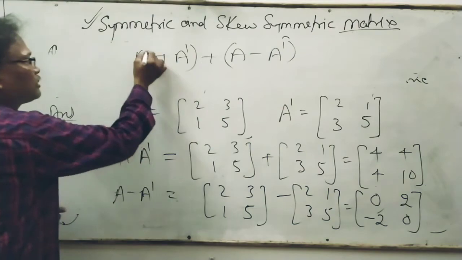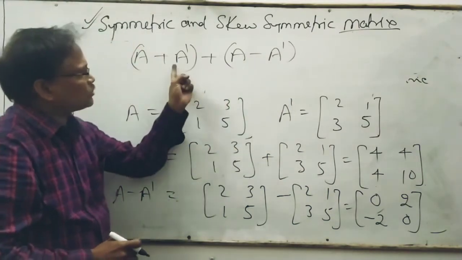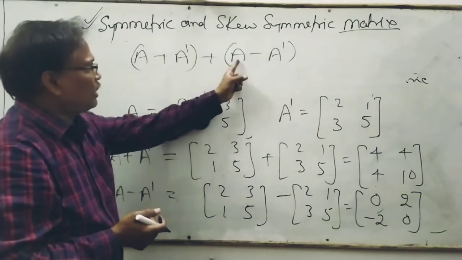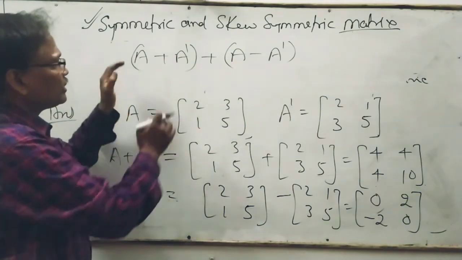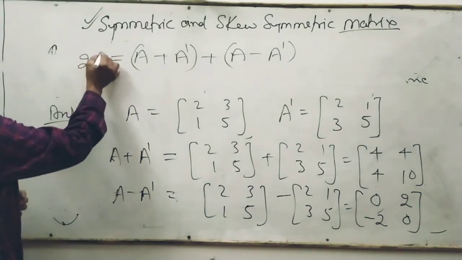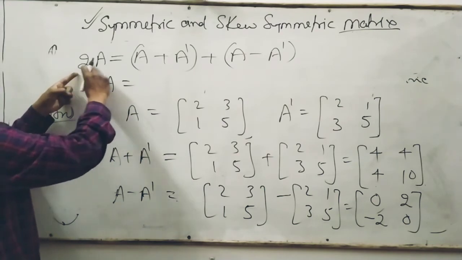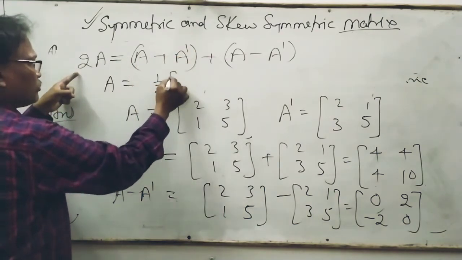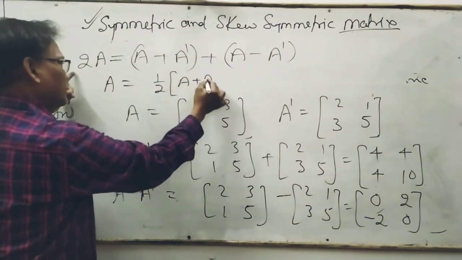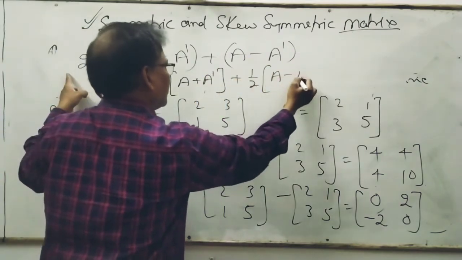Can you write this like this? If you simplify, what is it? Minus A dash plus A dash will be cancelled. A plus A will be 2A. तो क्या ये वैल्यू 2A के बराबर है? Yes, it is equal to 2A. If you write A is equal to, then just divide by 2 both sides. So you will have 1 by 2 A plus A dash plus 1 by 2 A minus A dash.